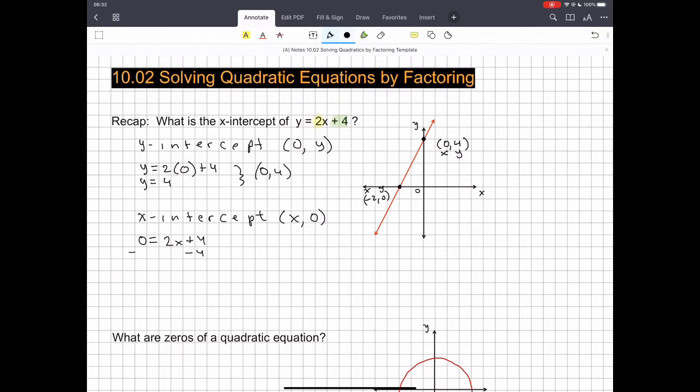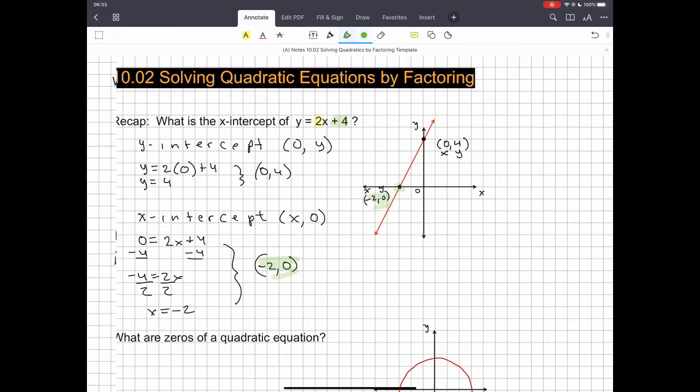And then we solve for x. We end up with x equals -2. And again, I have an x value of -2, a y value of 0, and that matches exactly what we had on the graph. So that's how we can do it algebraically.